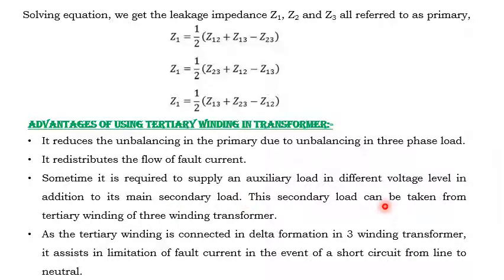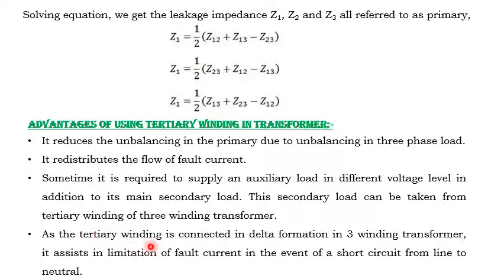This load can be taken from the tertiary winding of a three winding transformer. This can be used as the auxiliary supply to some equipment like fans and tube lights in the substations. This is one more advantage of the tertiary winding.